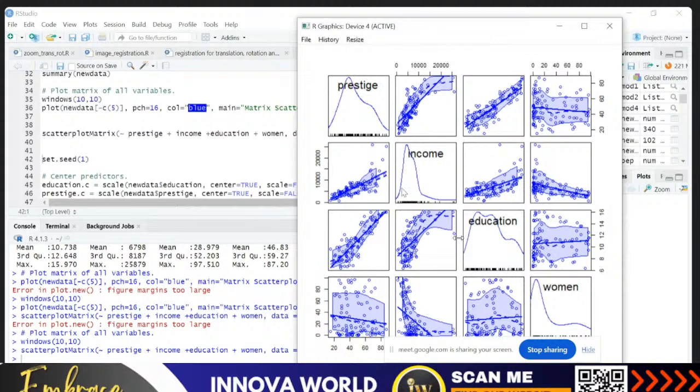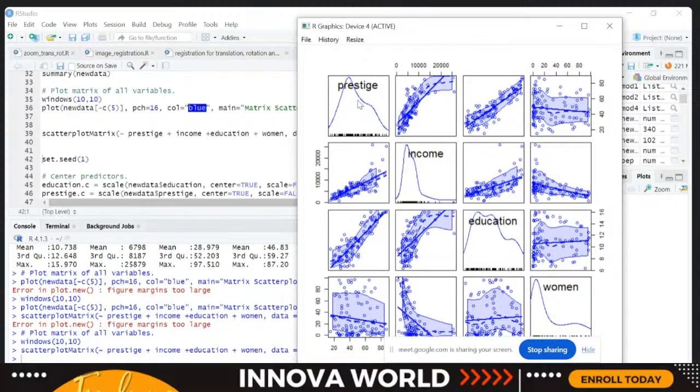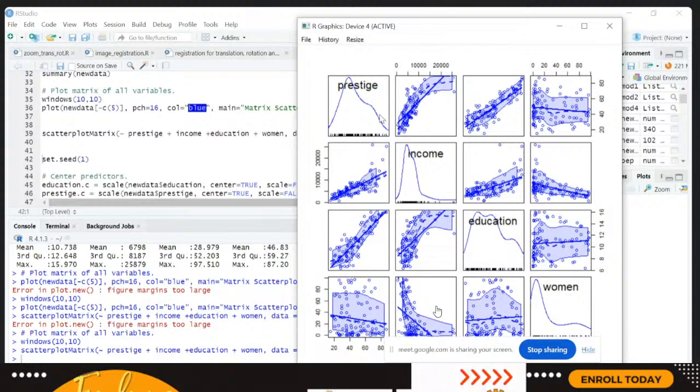Now, suppose this income variable is positively skewed. No variable here looks similar to a normal variable. But we will not be bothered about that, because these are all predictor variables. If the predictor variables are not normal, that is not of our concern.